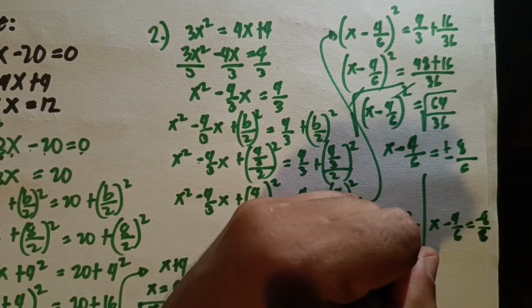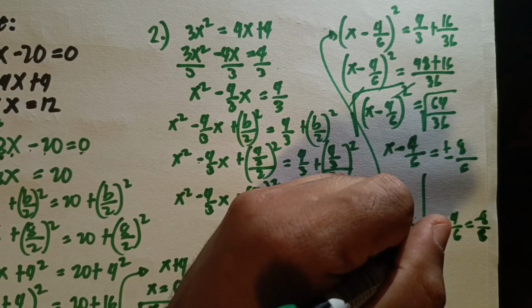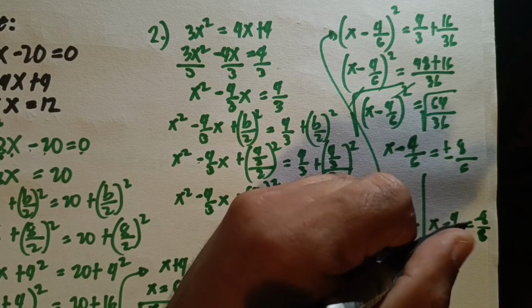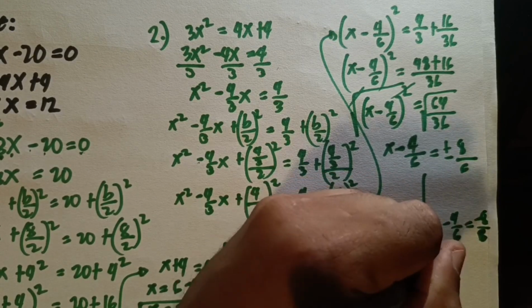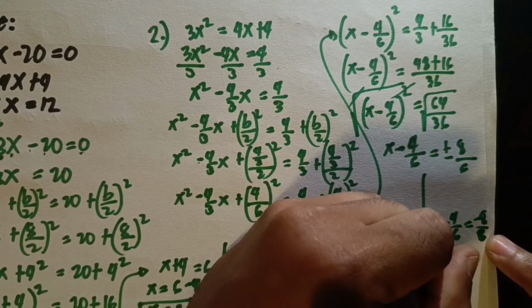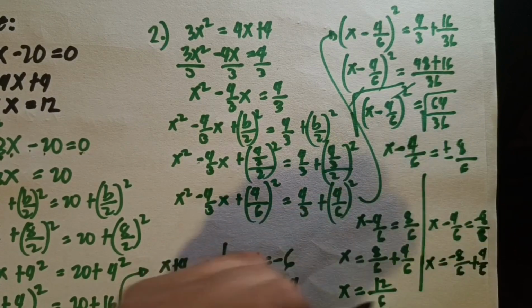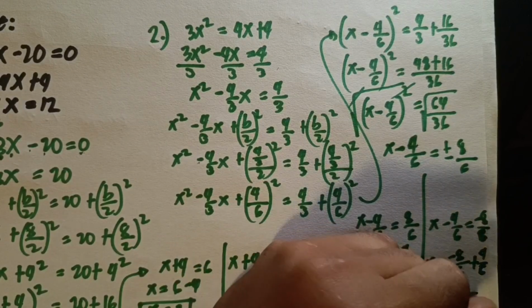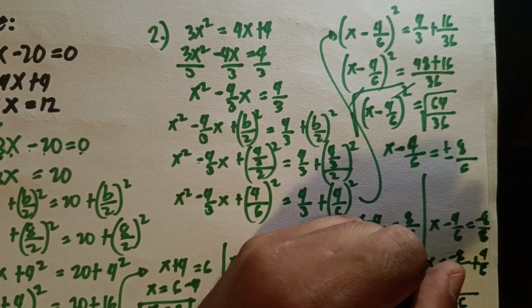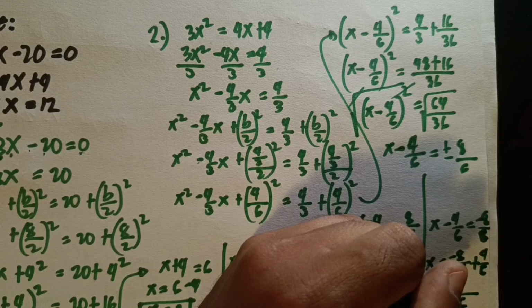The other one, transpose negative 4 over 6 again to the other side. It will become x is equal to, copy negative 8 over 6 plus 4 over 6. Same denominator, so copy, then do the needed operation.